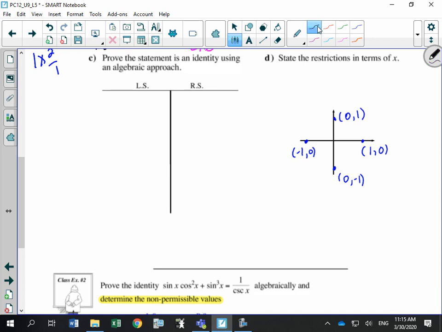So on the left-hand side, I have 1 over cos of x minus the cos of x. And on the right-hand side, it was sine of x times tan of x. Now, it says to start with the most complex side, which would be this side here. But what I do is I say, okay, sine of x times tan of x.